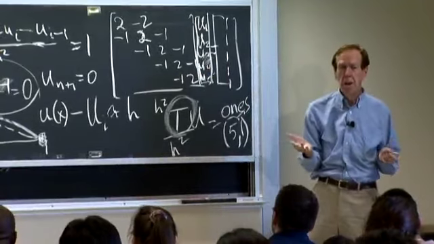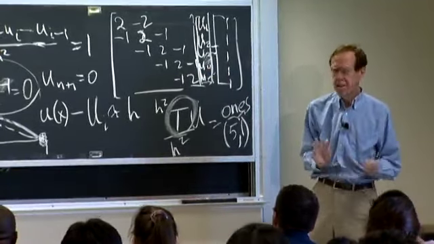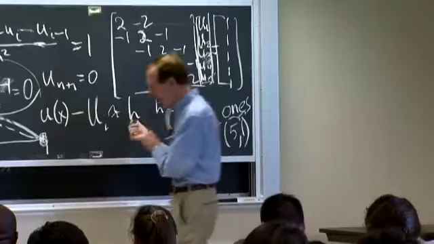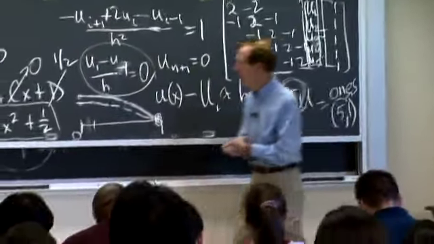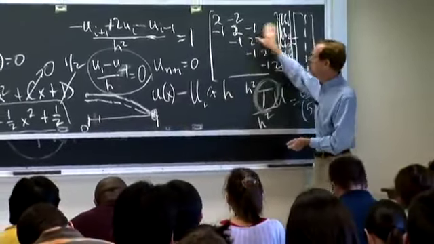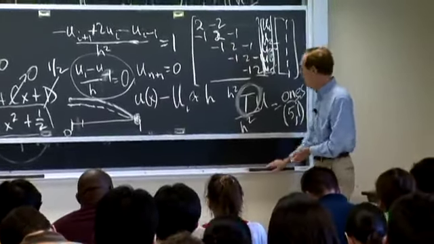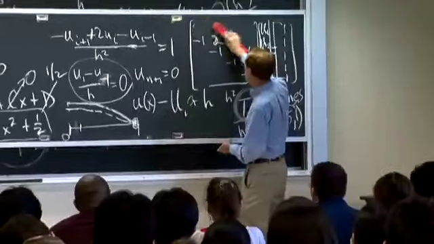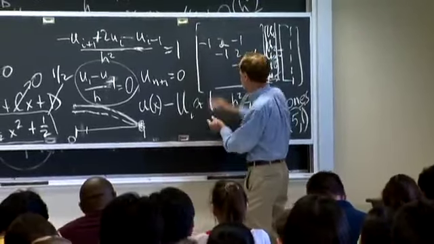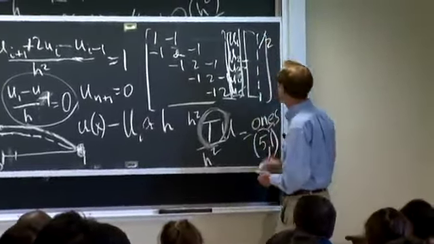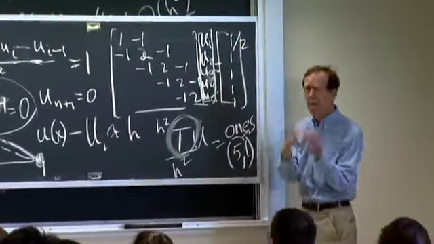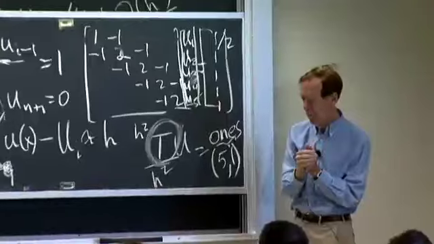It's not symmetric, and a person isn't happy with an unsymmetric approximation to a perfectly symmetric thing. But I could just divide that row by 2. If I divide that row by 2, which you won't mind if I do, make that 1, minus 1, and make this a half. I divided the first equation by 2.